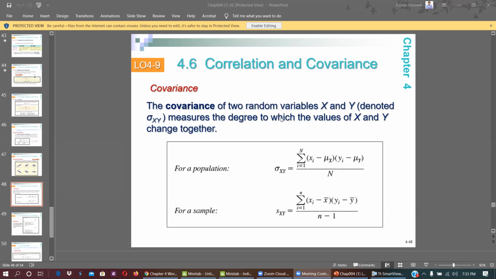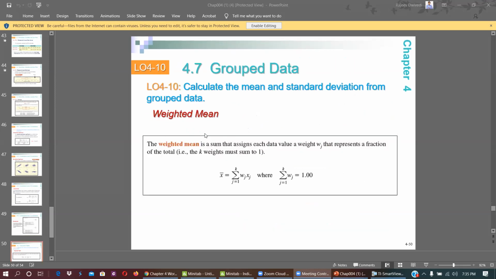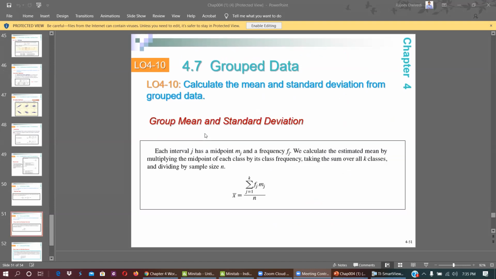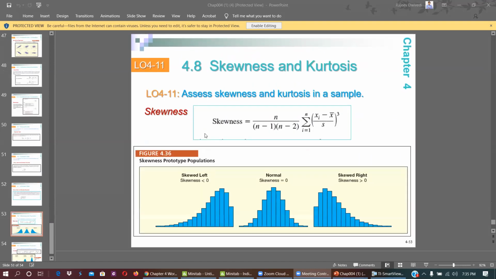Covariance measures the degree to which the values of x and y change together. So change in x and change in y, that is denoted by this. Group data we are not explaining.